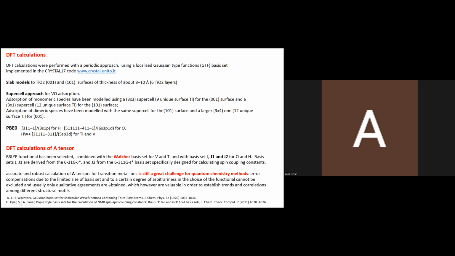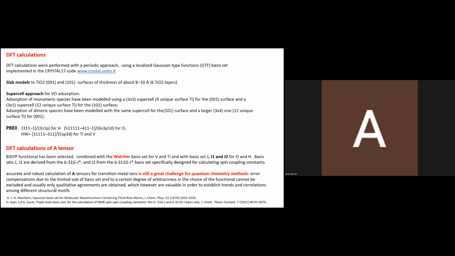Anyway, especially when we want to calculate A tensors for transition metal atoms, this is very challenging, because it's not easy to find convergence in our calculation, to find the best computational setup, because there are compensations between the basis set and the choice of the functional.